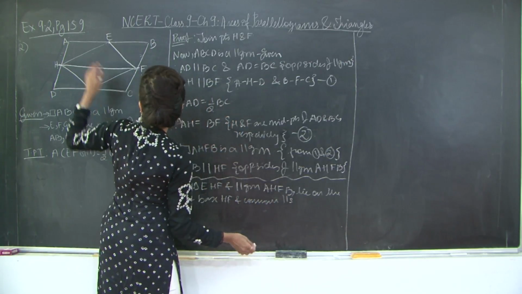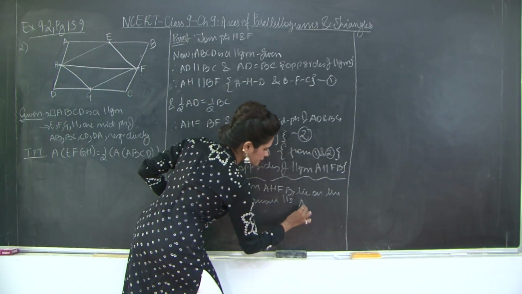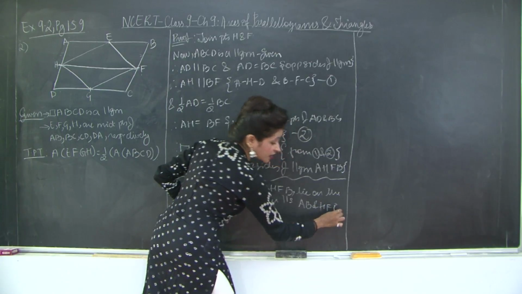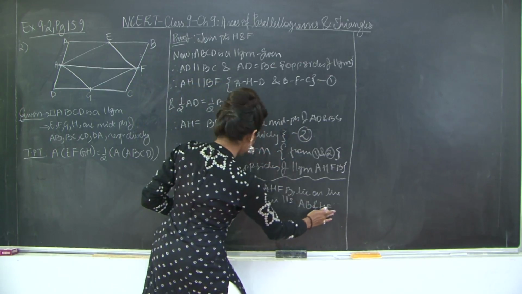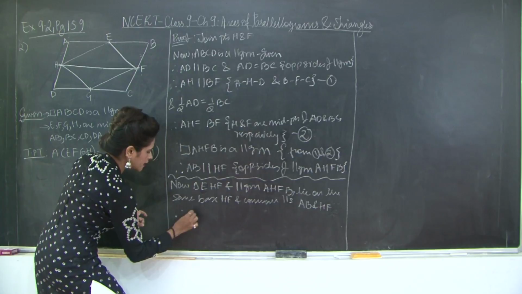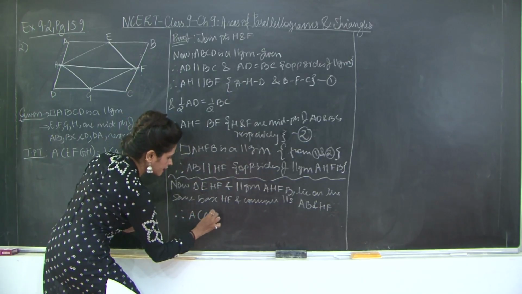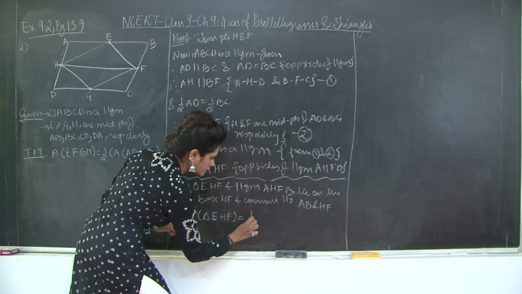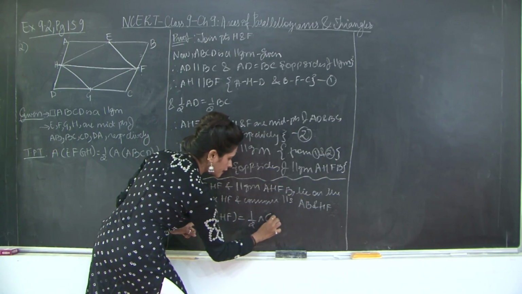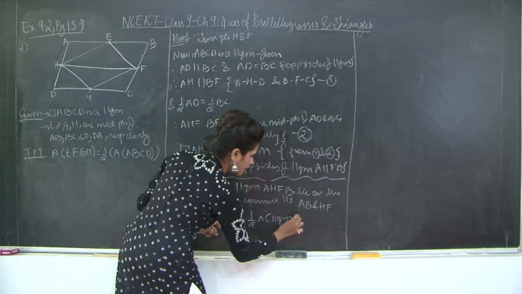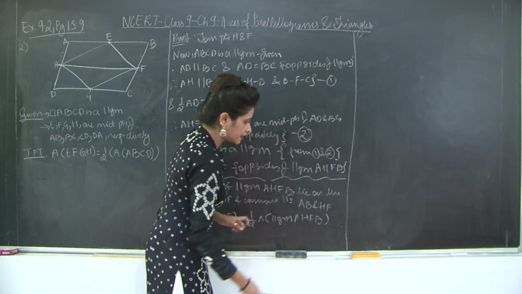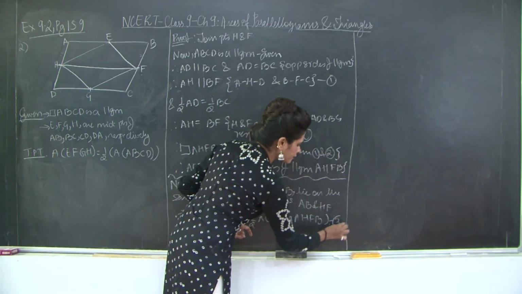So, what are my parallels? AB and HF. Correct? Therefore, what do I get? That area of triangle EHF is equal to half area of parallelogram AHFB. Correct? Let's mark this as 3.